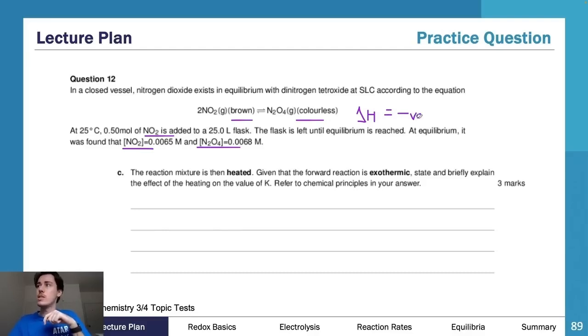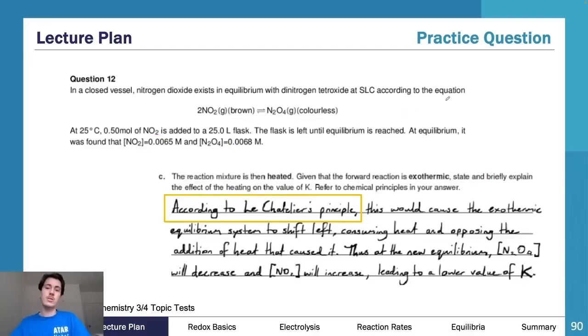Well, in these questions here, and I'm not going to go through it in super detail because we haven't discussed it, you need to give this statement here. This is my one tip. Much as we're not going to go through Le Chatelier's principle, if you are going to discuss a question that refers to Le Chatelier's principle, you need to say at the start of your answer, according to Le Chatelier's principle. It's like the number one rule with these questions to ensure that you get the mark.